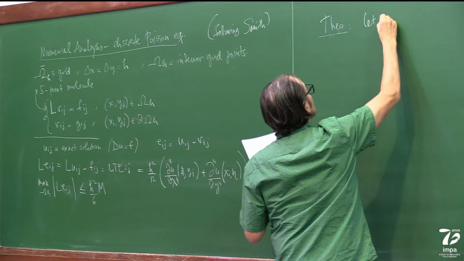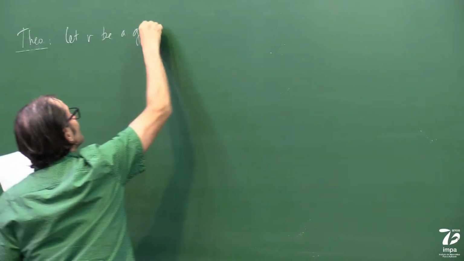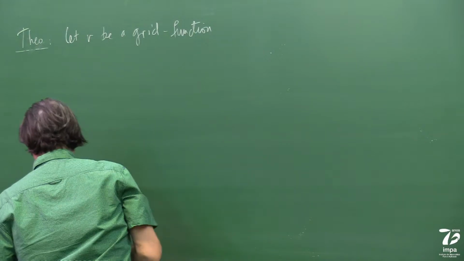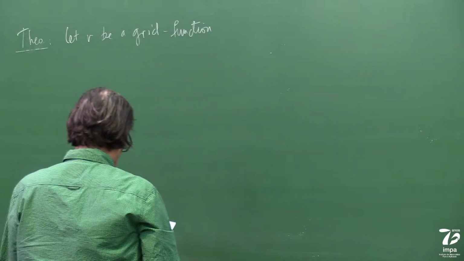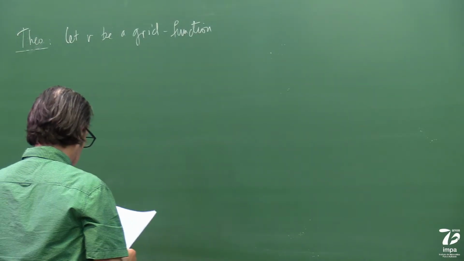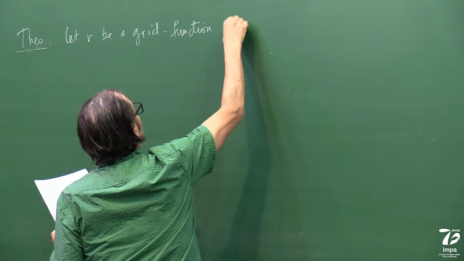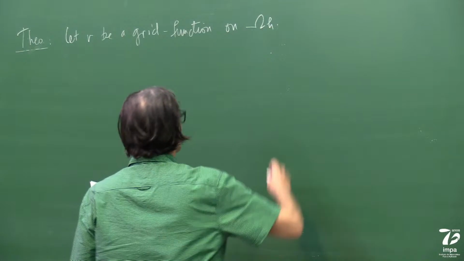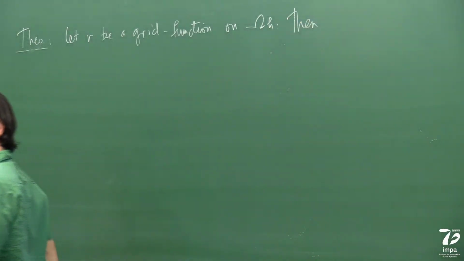So we have the uniform grid, everything as before. So let V be a grid function on this domain. Then we're going to use the theorem and then we'll prove it.